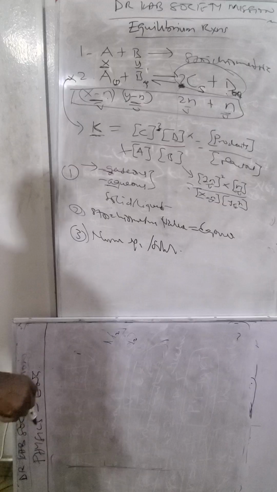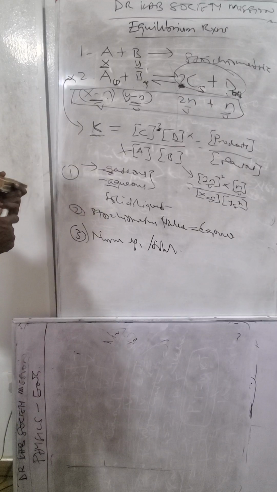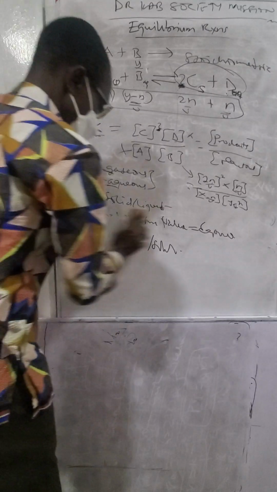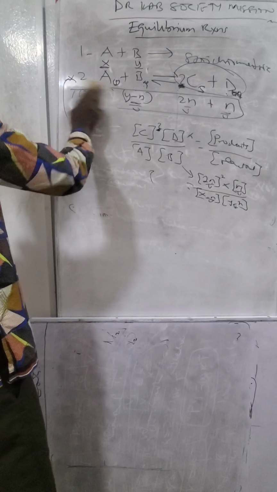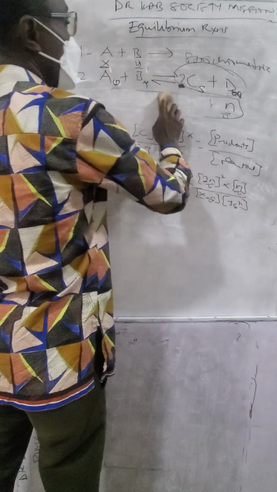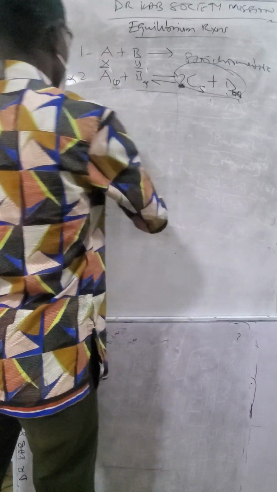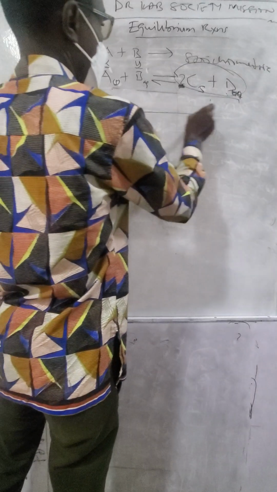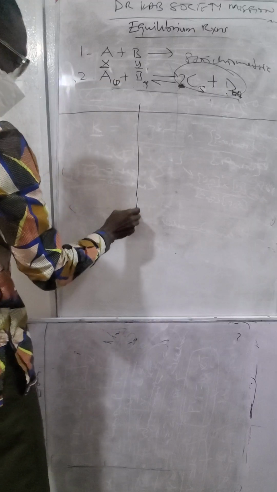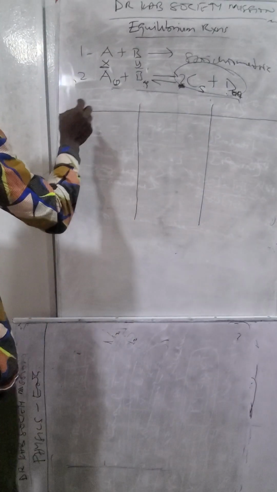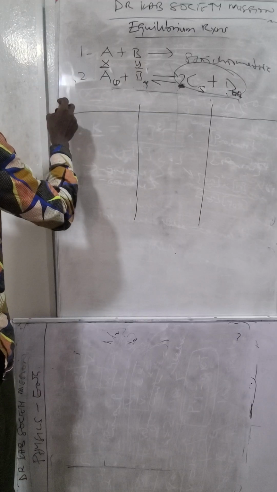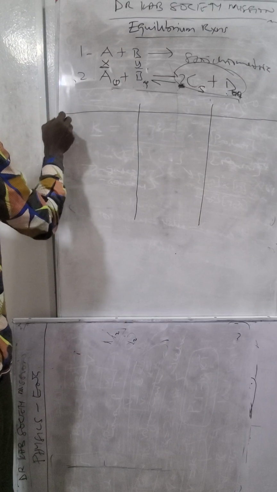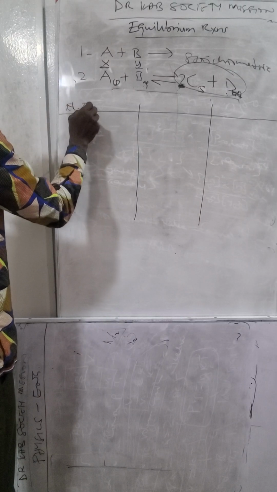Now, let's look at how this can be used for the various kinds of equilibrium constants. Let's say we are looking at just normal equilibrium constant, normal equilibrium calculations.